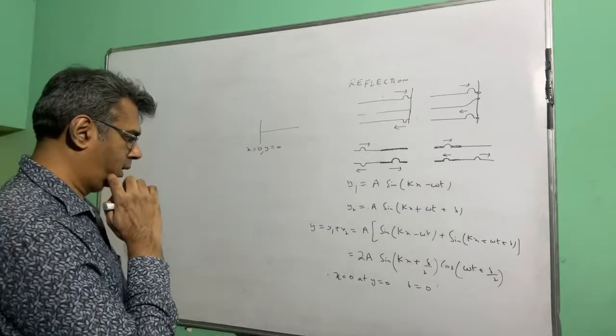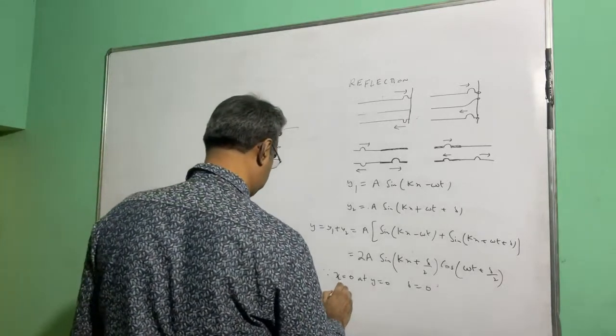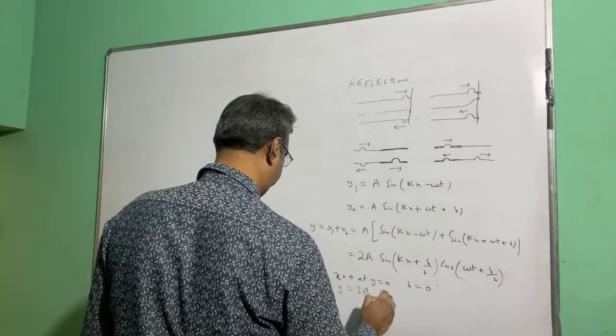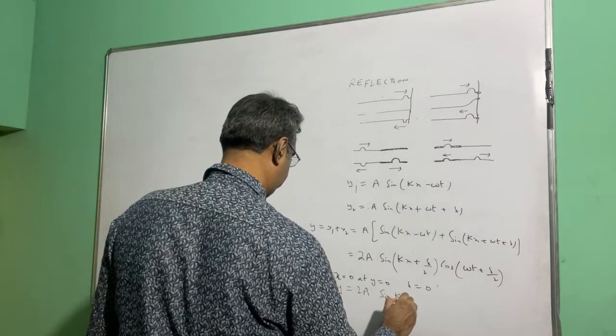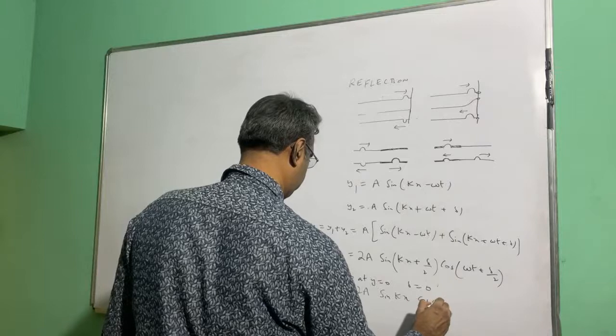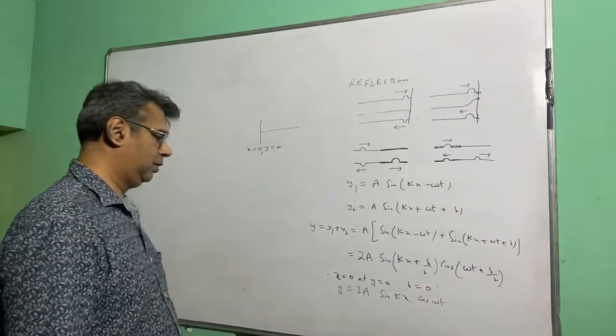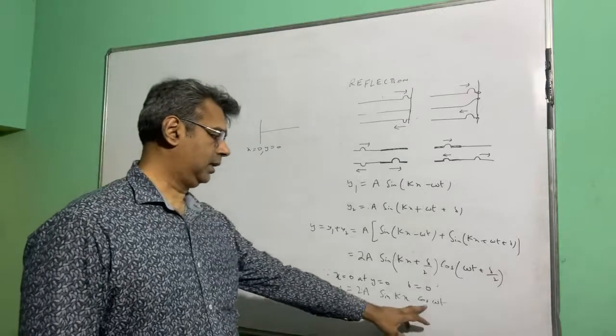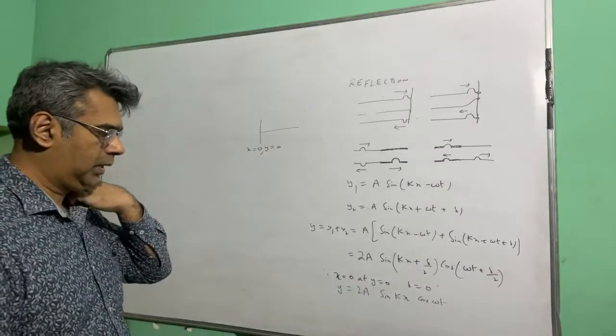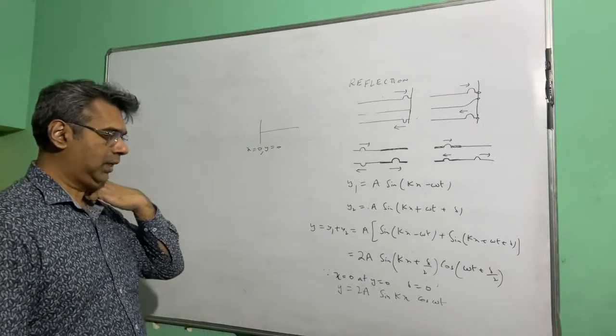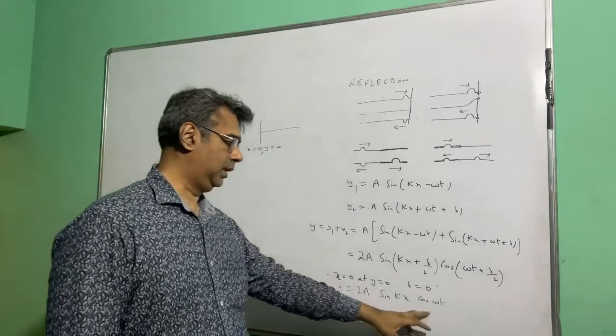So then you will get y equal to 2a sine kx into cos omega t.